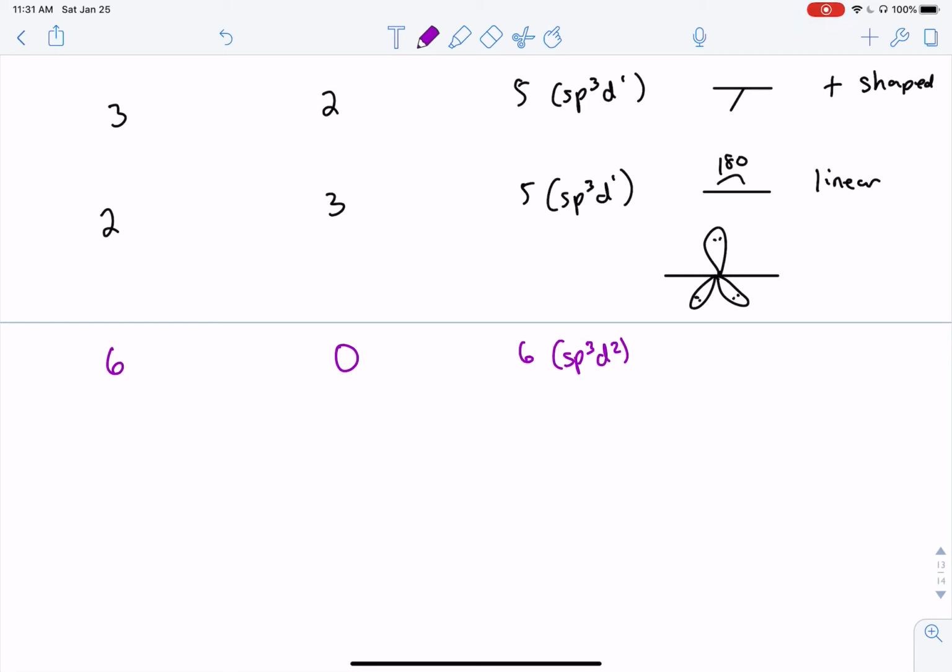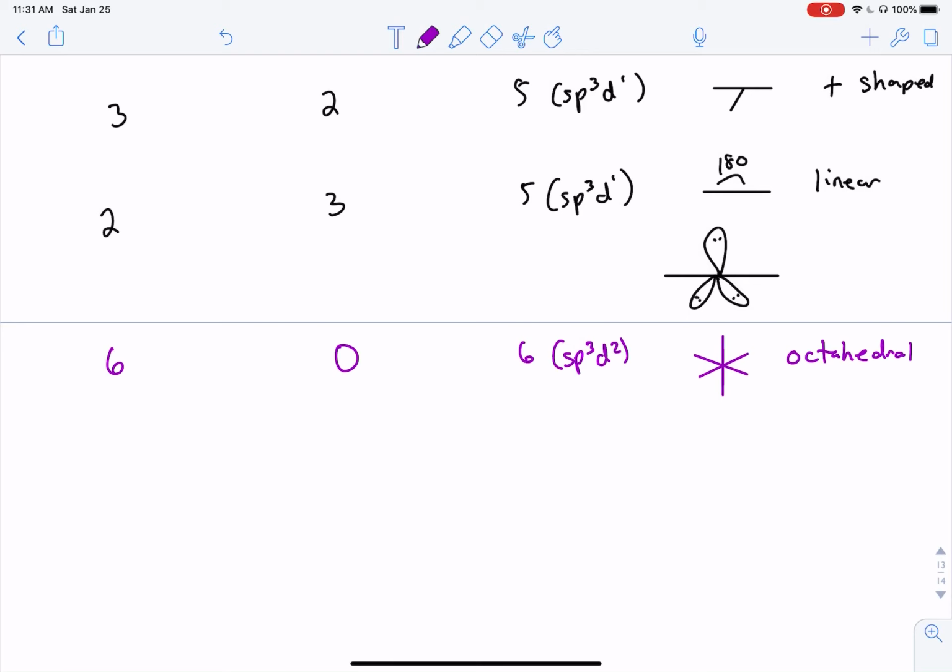Okay. 6 and 0. The way I draw it is this. Line, X, through that. Because it's like a mathematical grid, X, Y, and Z axes. So this is called octahedral. Why is it called octahedral?